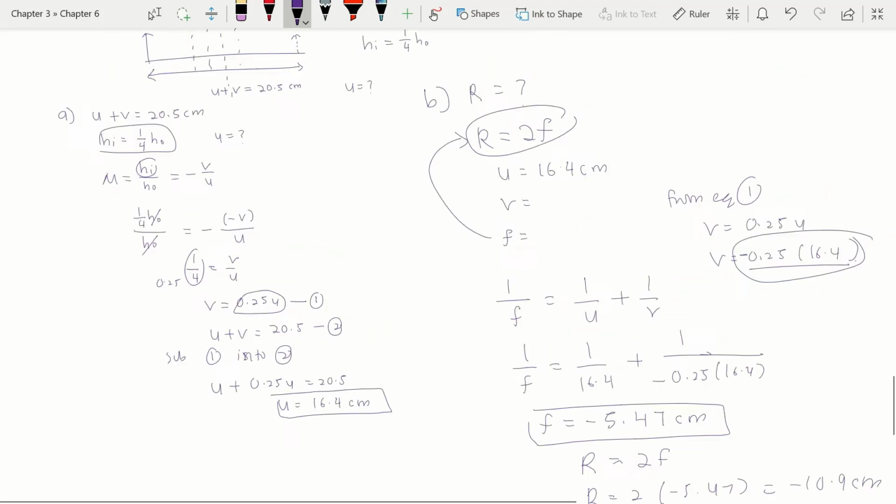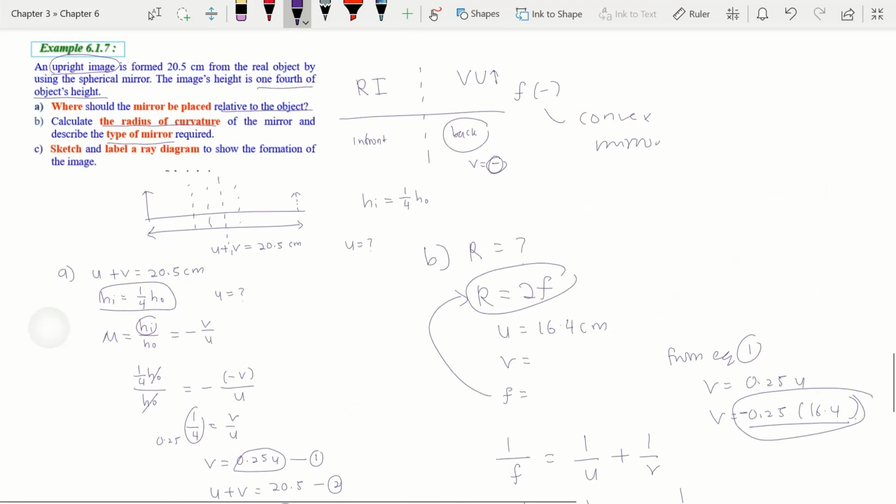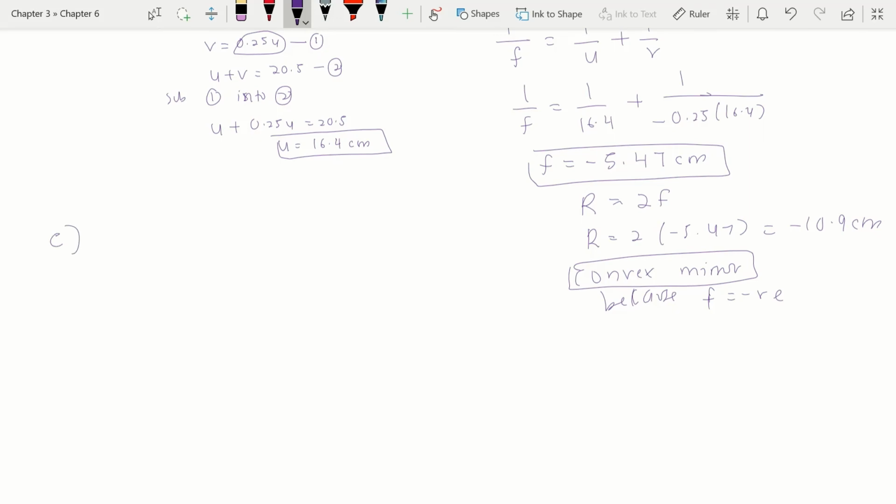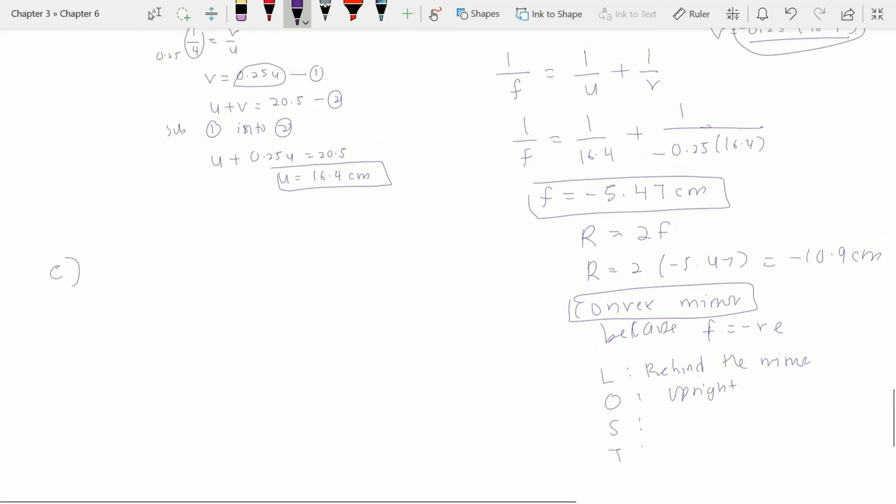Okay, C. Sketch and label a ray diagram to show the formation of the image. Okay, very good. First of all, I'll let you determine the characteristics of the image, so it's easier for you to draw it. The location of the image is behind the mirror, so we'll use the LOST technique. Orientation, upright. Size of the image is diminished.